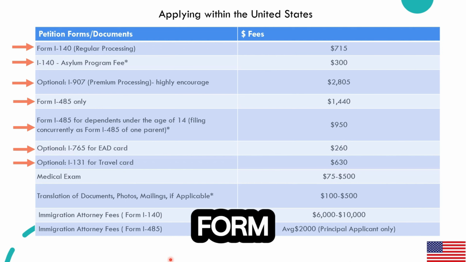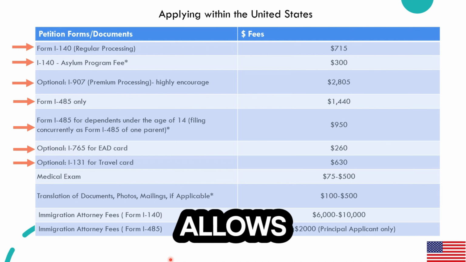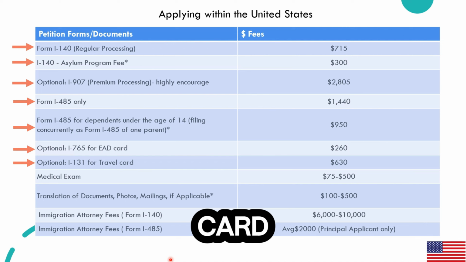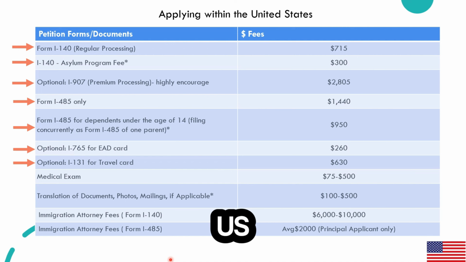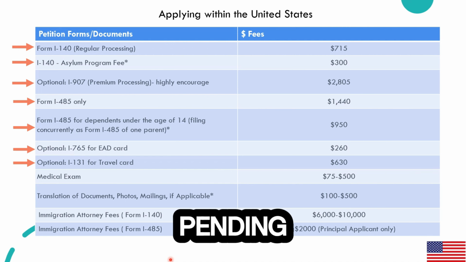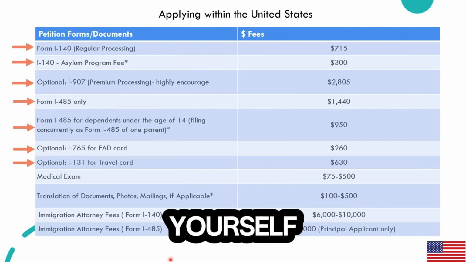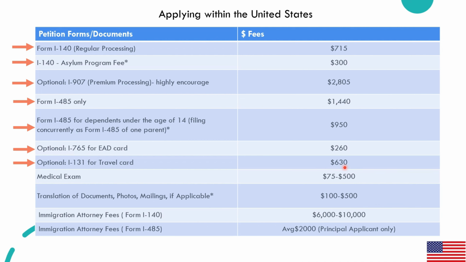Another optional form is the form I-131, which is also known as the advance parole or the travel document. This form allows you to apply for a travel card, enabling you to re-enter the US after traveling abroad while your application is pending. And I always encourage people, if there is no need to travel outside of the US whilst your application is pending, please do not. And you will save yourself $630.